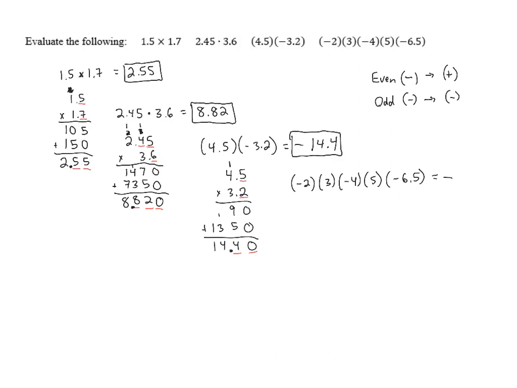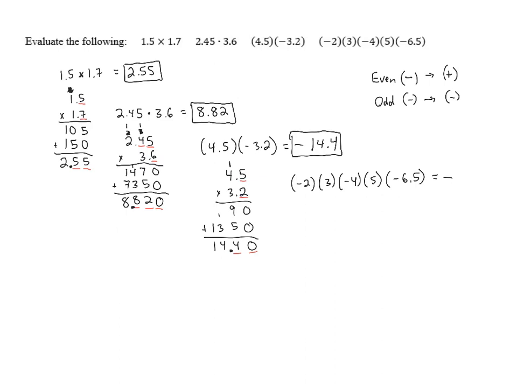The reason for this, if there's an even number of negatives, they'll cancel out in pairs. So if there's 10 negatives, that's 5 pairs of negatives that cancel out. If there's an odd number of negatives, let's say there were 11 negatives being multiplied together, well, those first 10 will cancel out in pairs, and that odd one out, that last one would stay and give us a negative answer.